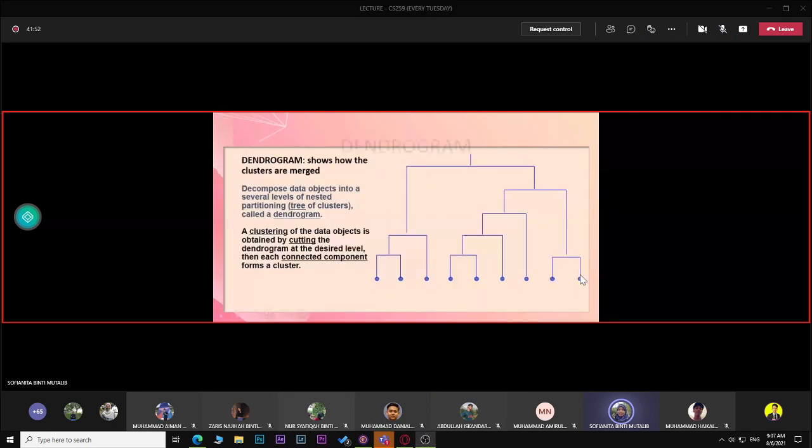In the dendrogram, at the end, after we have combined the objects in the data set, it will definitely create one big dendrogram itself. What I want you to understand is what the dendrogram is here. This is object 1, this is object 2, until object n.